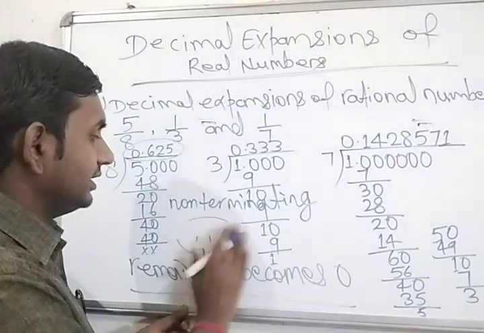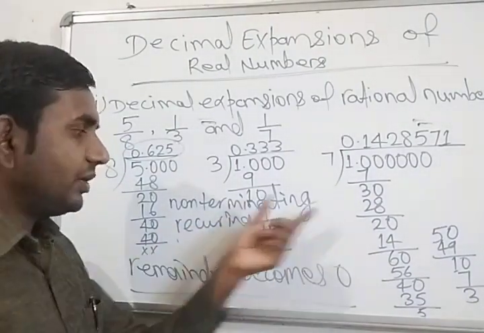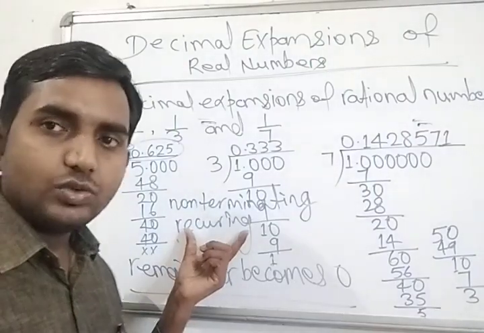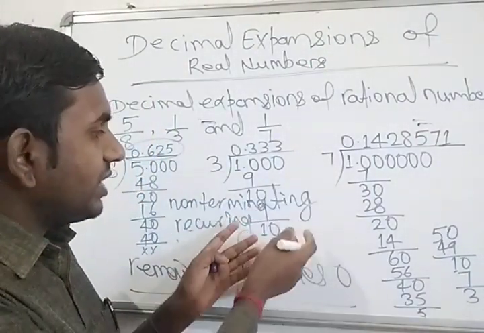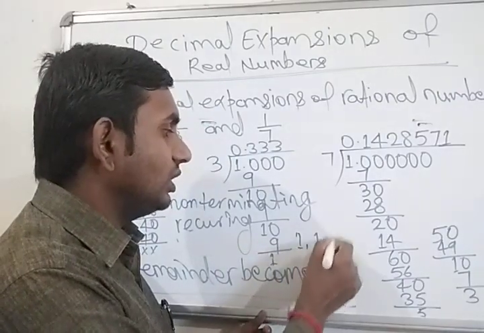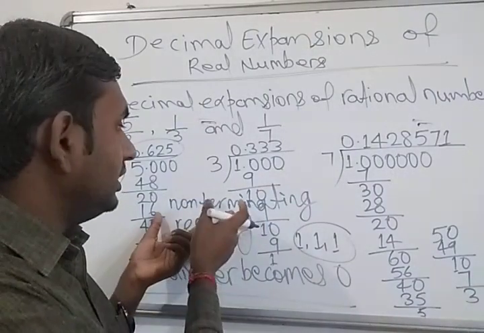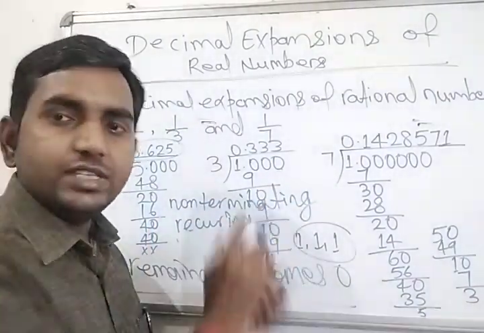Non-terminating recurring decimal is also called repeating. Here we find that the remainder starts to repeat 1, 1 and 1 in this case. So this is called non-terminating recurring decimal.